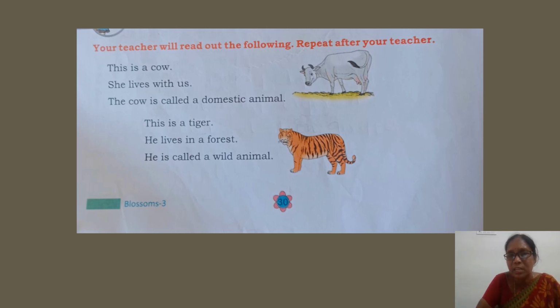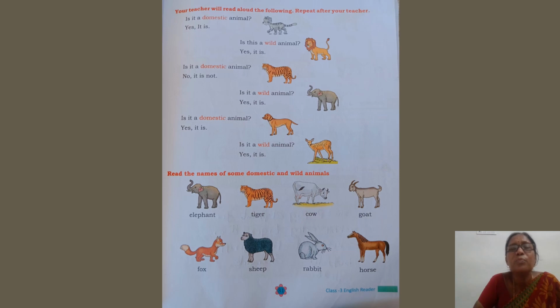It lives in a forest. It lives freely, so it is called a wild animal. The cow lives with us, but the tiger does not live with us. So the tiger is called a wild animal, but the cow is called a domestic animal. Let's move on. Look here.